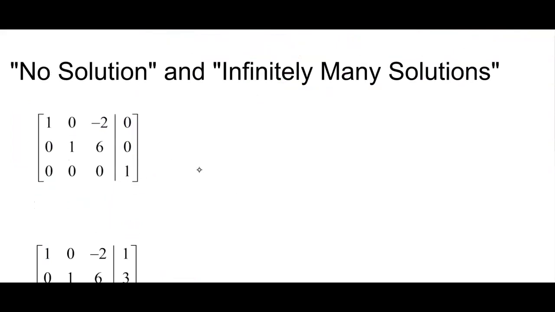So here's how you recognize them when you're looking at a matrix. Remember that each row of a matrix represents an equation. Think about what the equations are actually saying, if you were to translate them back into equations. And if you're looking at a matrix that has a row like this, the translated version of this row says 0x plus 0y plus 0z equals 1.